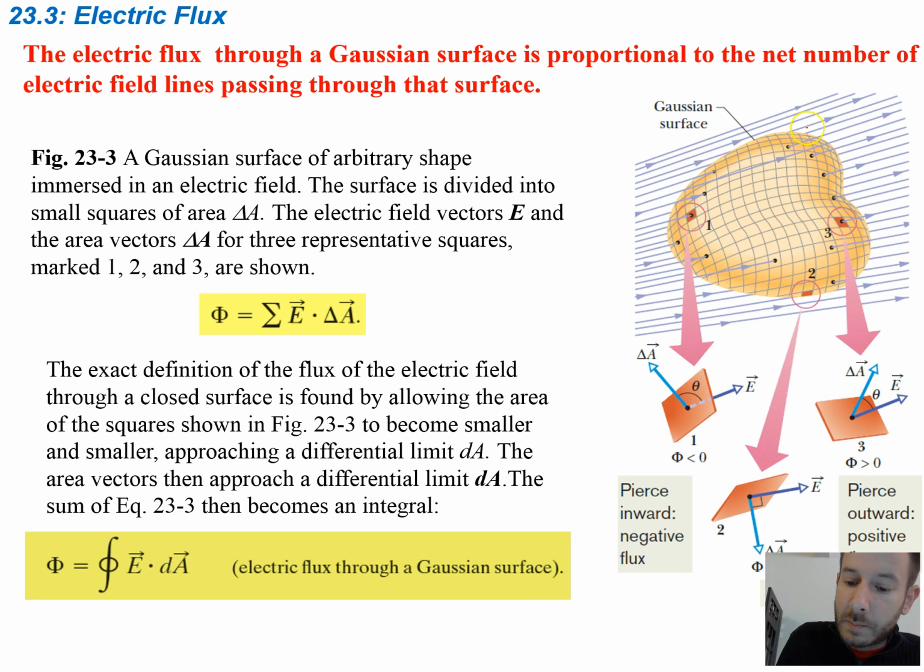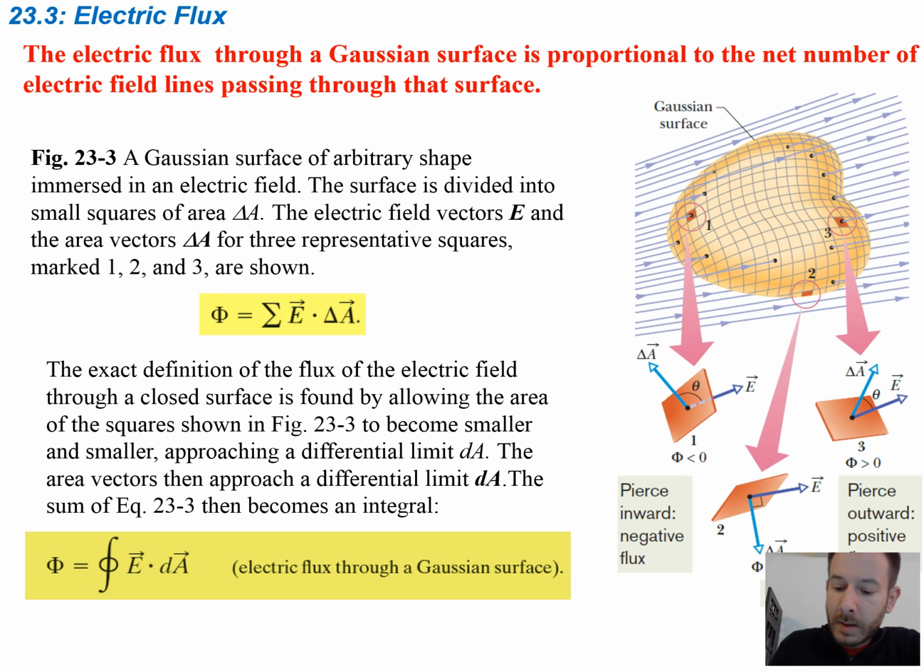You can see all these blue field lines, and then we have some randomly created Gaussian surface. The surface is divided into small equal squares of area, delta A. Each of these is just a small bit of area. The electric field vectors E and the area vectors A for 3 representative squares are marked as shown.